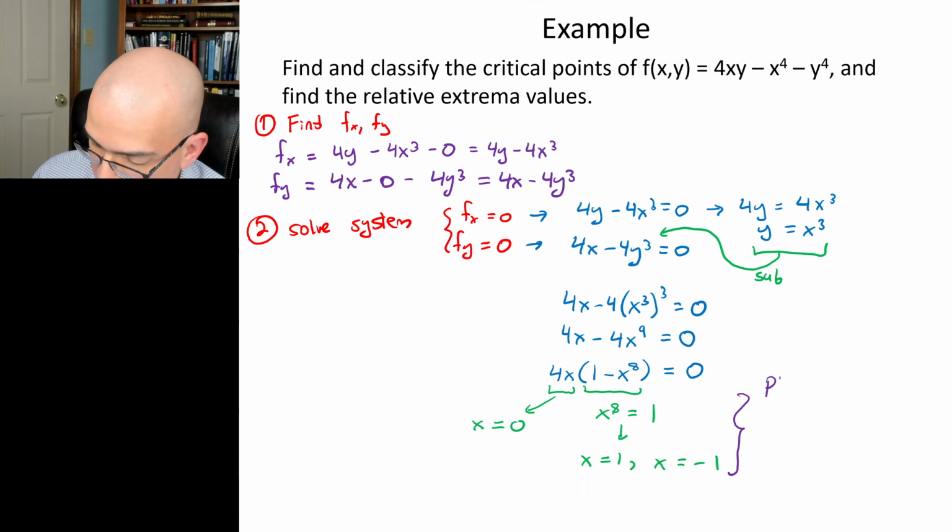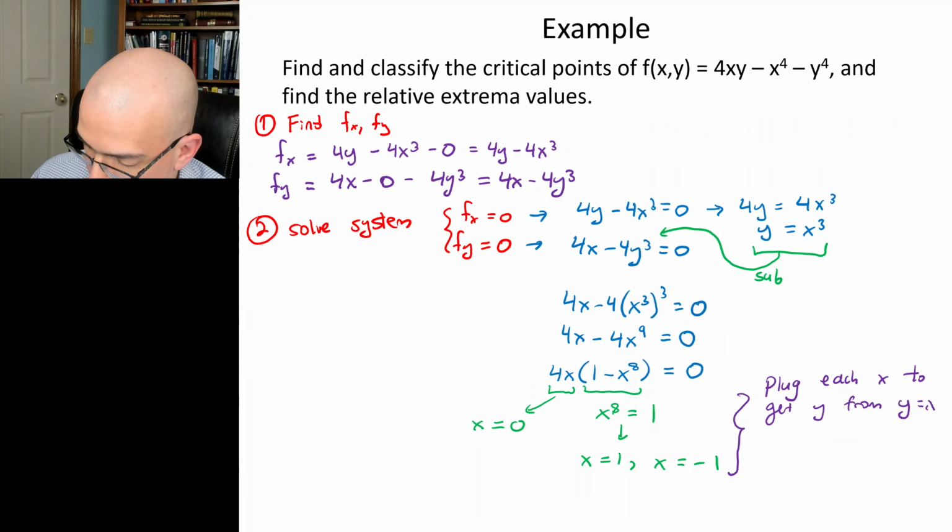We're going to plug each x value in to get the corresponding y value from y is equal to x to the power of 3. So x equals 0. We're going to have y is equal to 0 cubed, which is 0. X is equal to 1. We'll have y is equal to 1 cubed, which is 1.